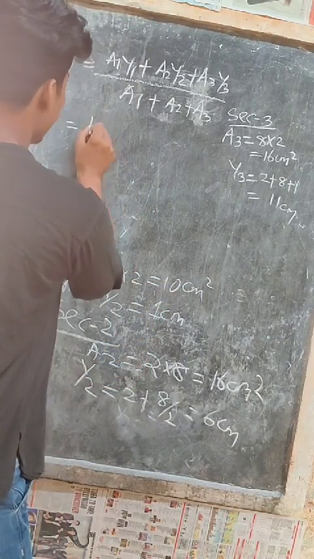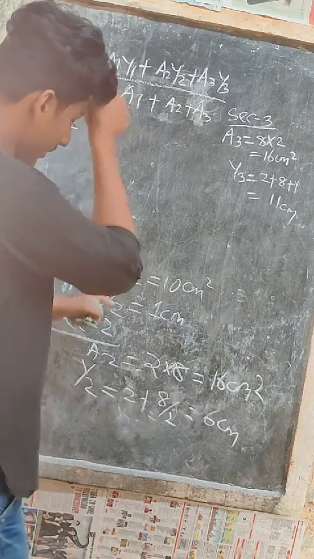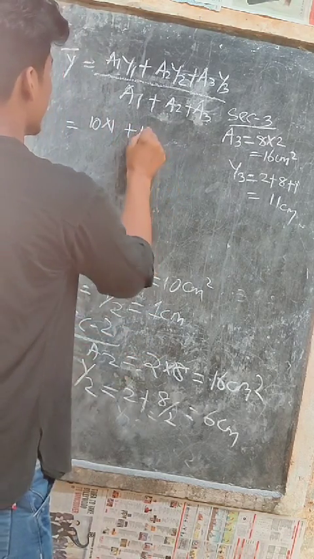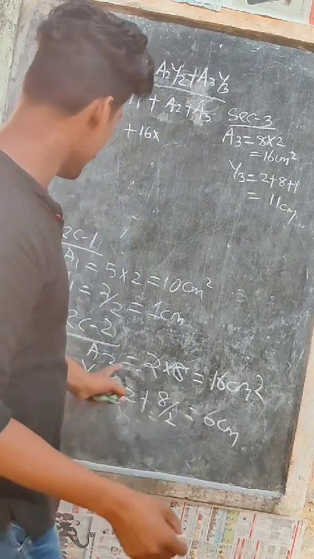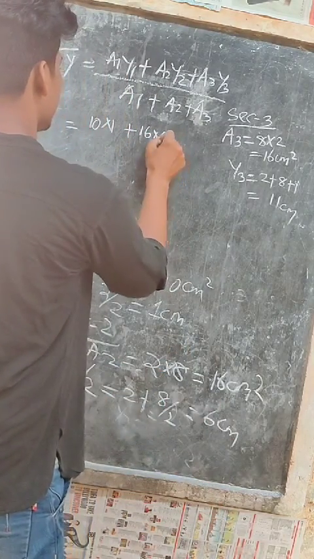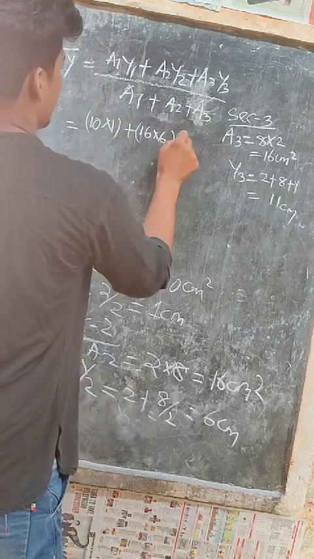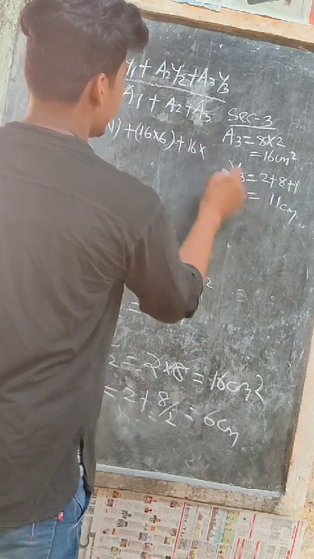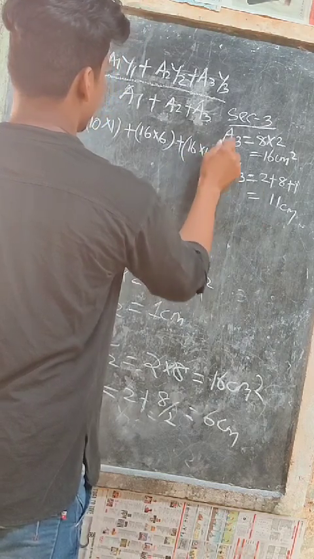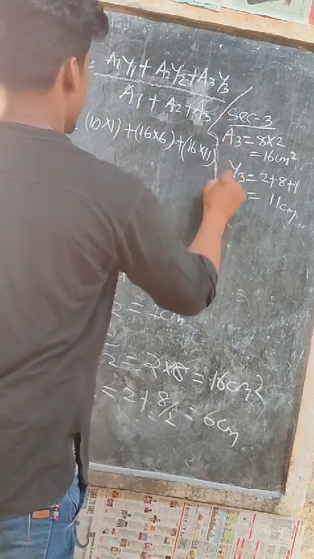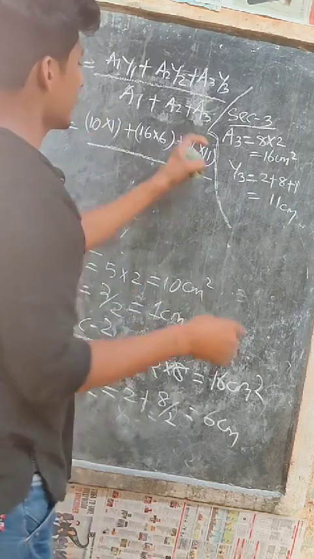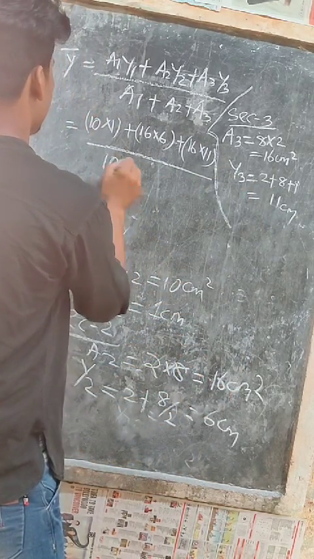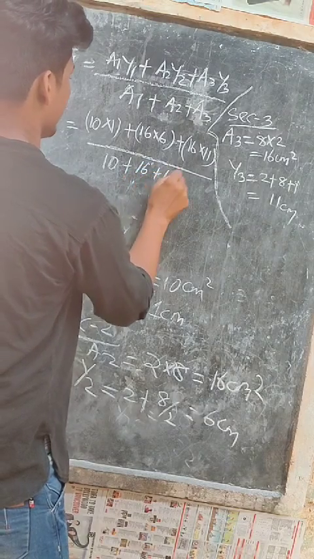A1 is 10 centimeter square, Y1 is 1, plus A2. A2 means 16, Y2 means 6, plus A3. A3 means 16 into Y3 means 11. So this is by A1 plus A2 plus A3. A1 means 10 plus 16 plus 16.